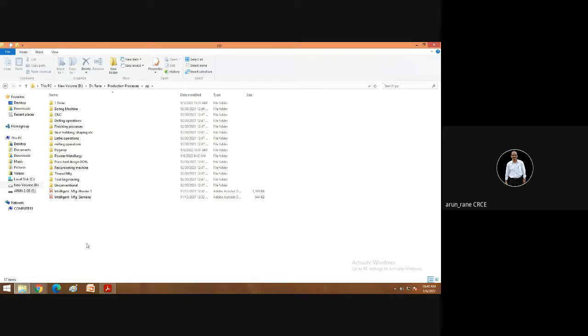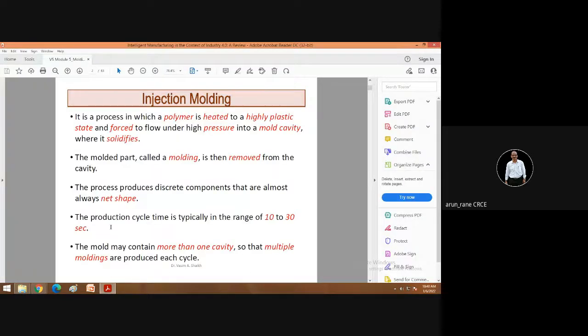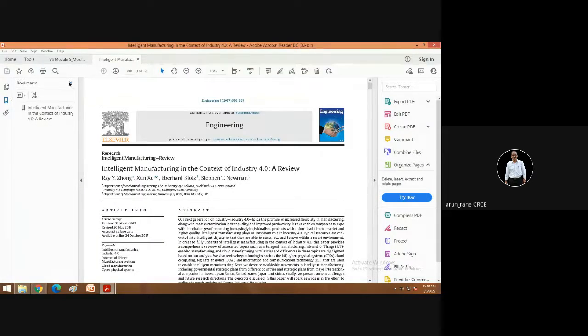But what I'm telling here, controlling means you can switch on, switch off the plant, you can switch on, switch off the machines from here, and that is what is your industry 4.0 or intelligent manufacturing, or digital manufacturing. So I will share papers here, and there is a lot of material.